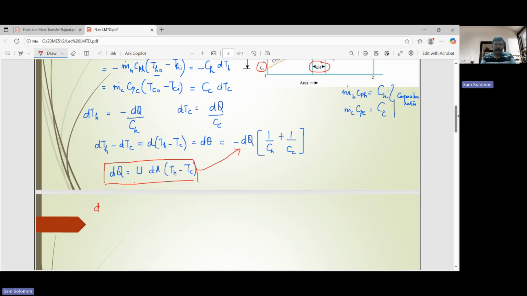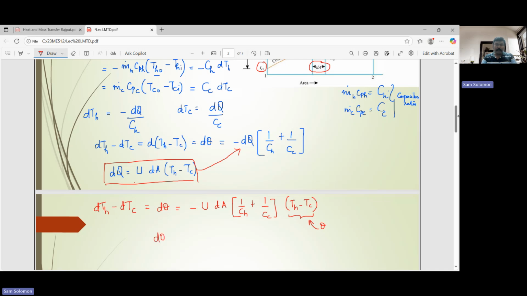So that makes dTh minus dTc, which is d theta, so let's keep it as d theta, equal to minus u dA times 1 by CH plus 1 by Cc, and there is this Th minus Tc. And remember, this Th minus Tc can be written as theta. So this can be replaced with theta.